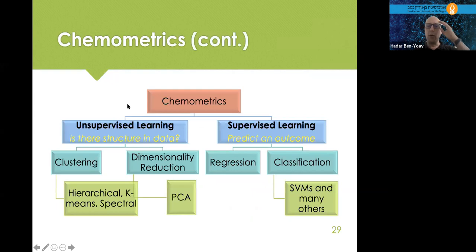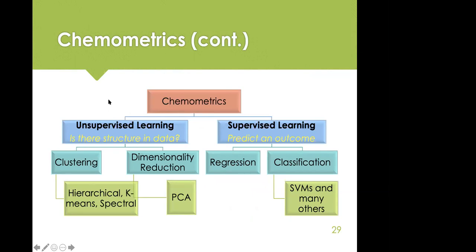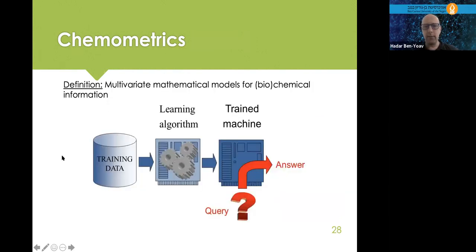There are different types of chemometric models. We can categorize them into two categories. The unsupervised learning, meaning that we don't have the part where we actually teach the algorithm.